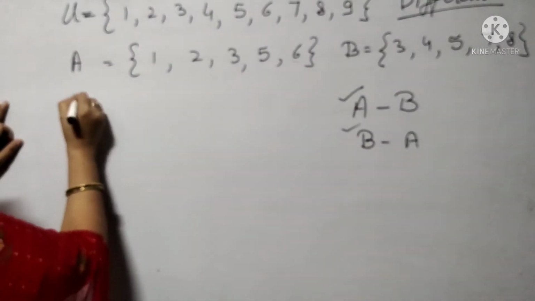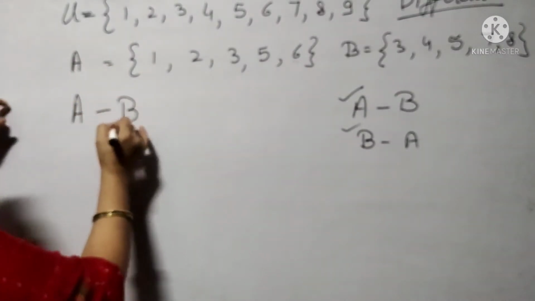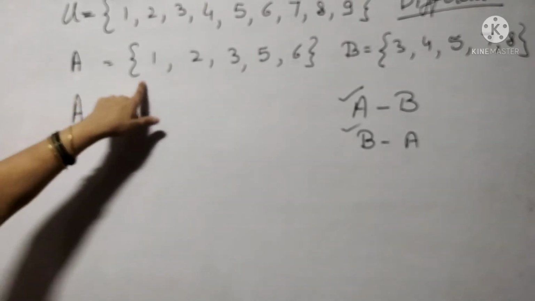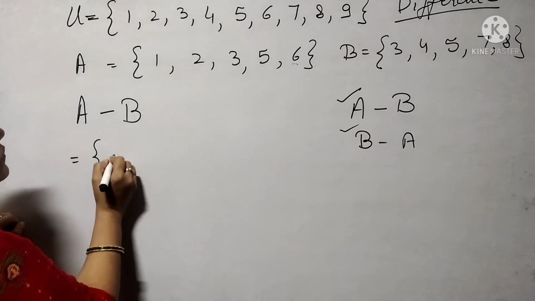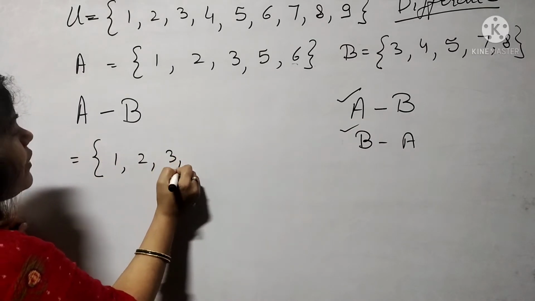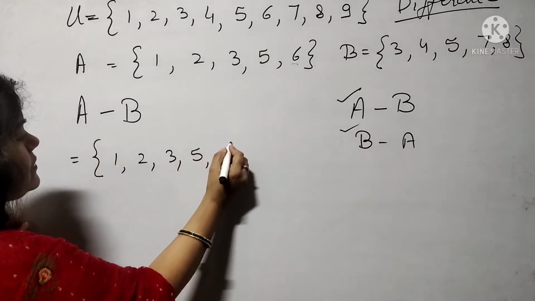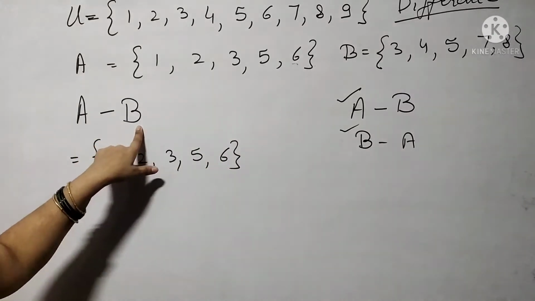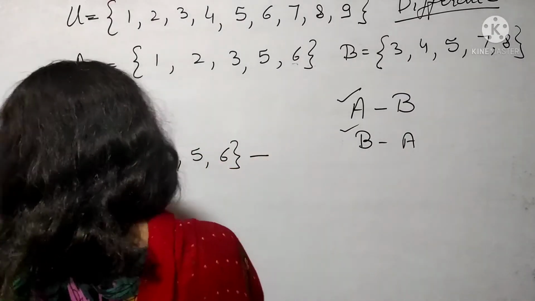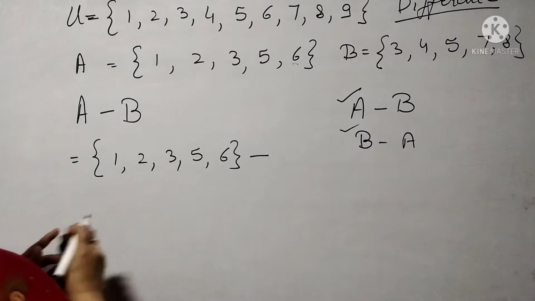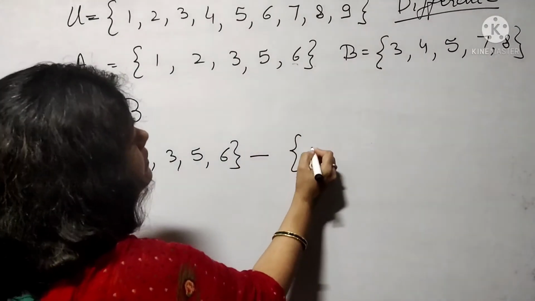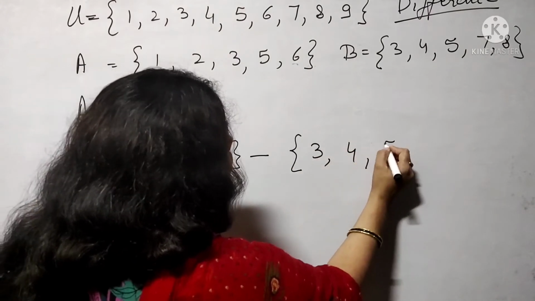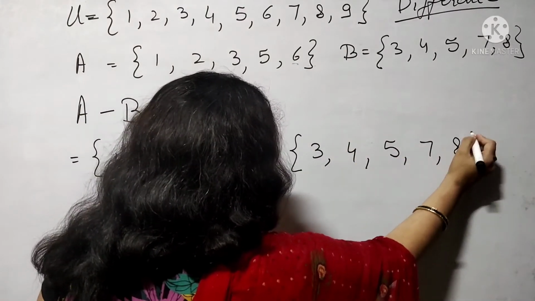A minus B. Firstly, you have to write the set A: 1, 2, 3, 5 and 6. Now put the sign of minus and write the set B: 3, 4, 5, 7 and 8.